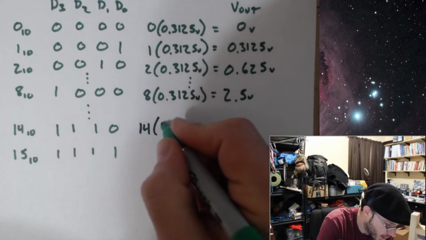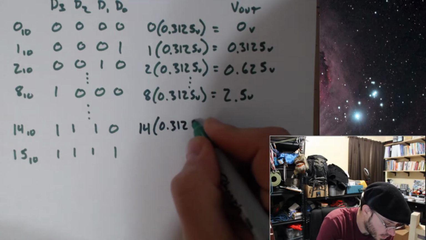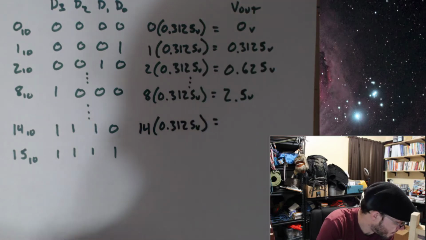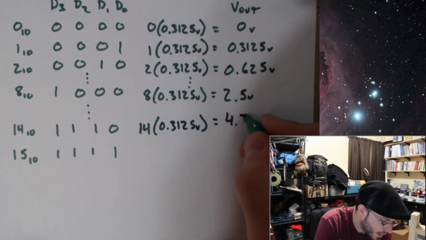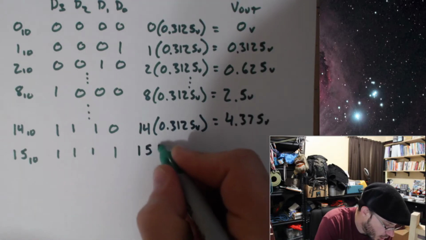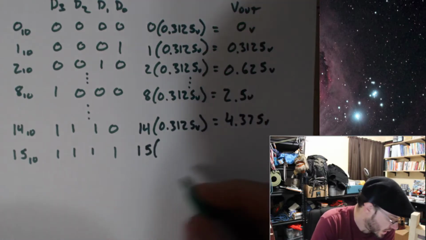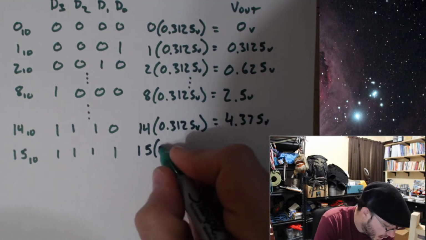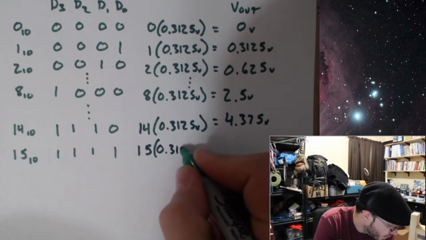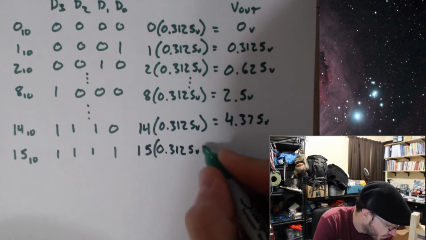But one below that, let's go ahead and do 14. 14 times our step size is going to be equal to 4.375 volts. And for our largest voltage that we could get out of this, it's going to be 15 times 0.3125 volts.